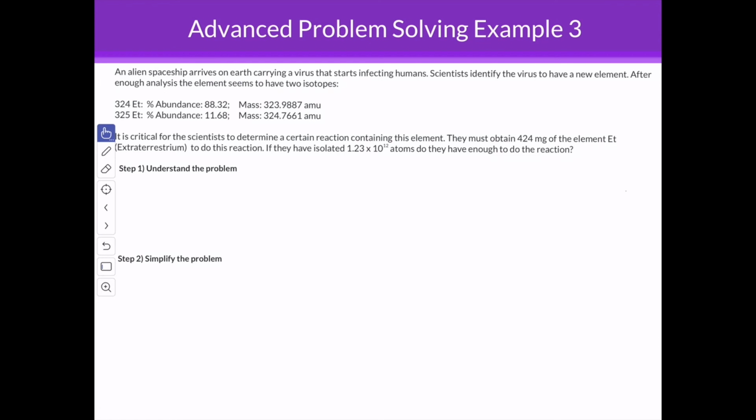So atoms, mass. I think I see the big picture here. But let's start out with some things. We learned in our average atomic mass lesson that sometimes working backwards is a good strategy. And so that's how I'm going to approach this.